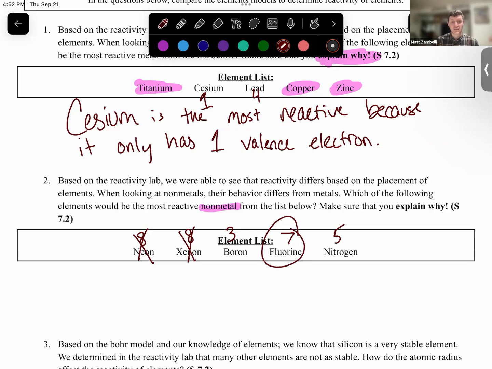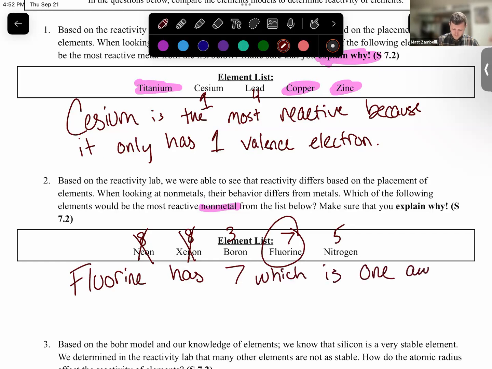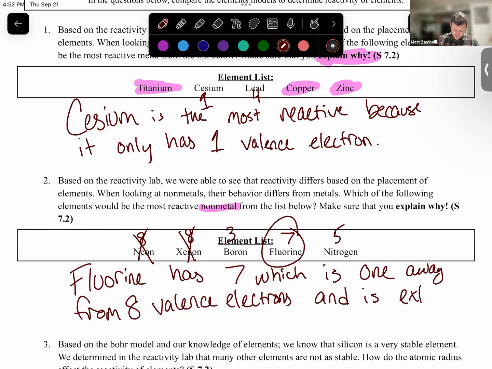Fluorine is actually our most reactive nonmetal of any nonmetal, but because fluorine has 7, which is 1 away from 8 valence electrons, and is extremely small, it is the most reactive out of these elements, and it's actually the most reactive nonmetal in general because of how small it is.